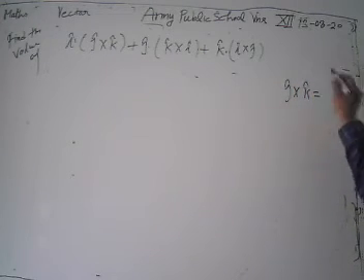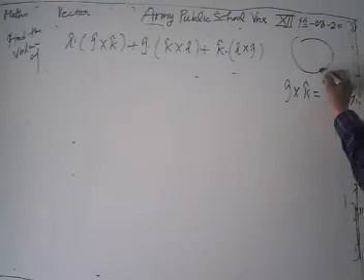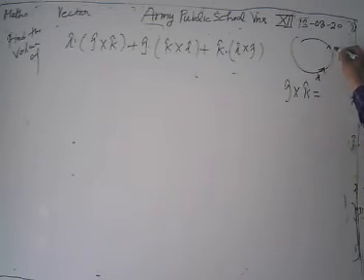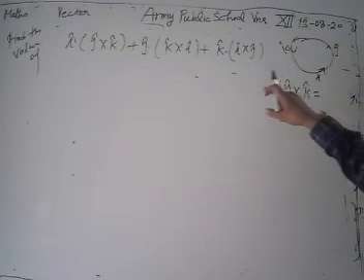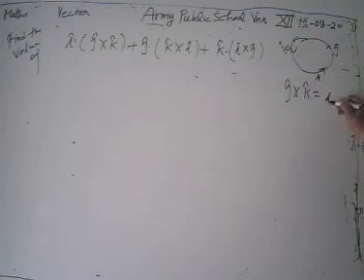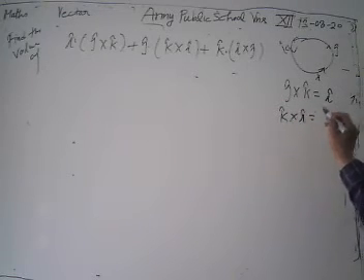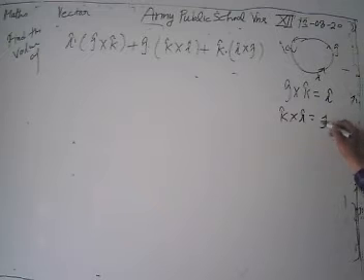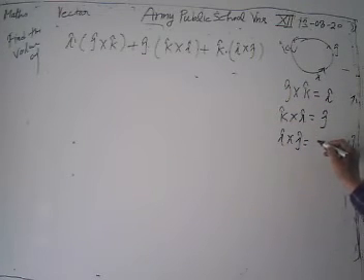You have to learn this concept: i, j and k. Now look, j cross k is equal to i, k cross i is equal to j cap, i cross j is equal to k cap.